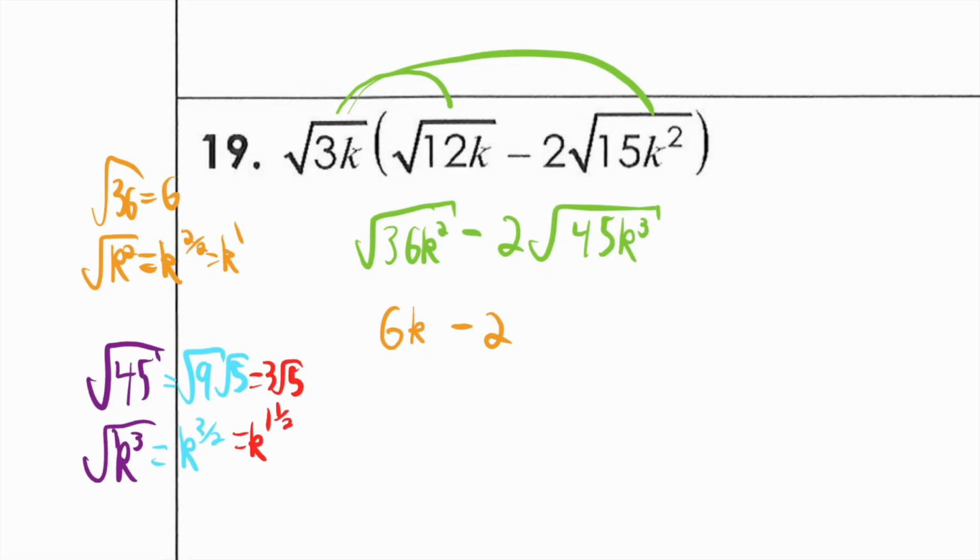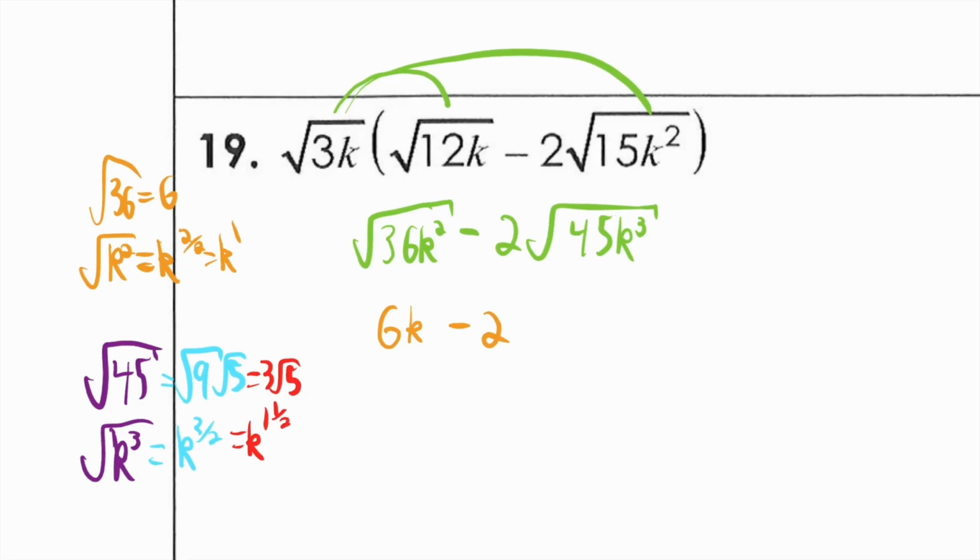So it'd be 2 times 3 for outside the radical, which would make that 6k outside the radical times the square root of 5k. And these are not common radicals at all because the first one doesn't even have a radical. So that's our answer.